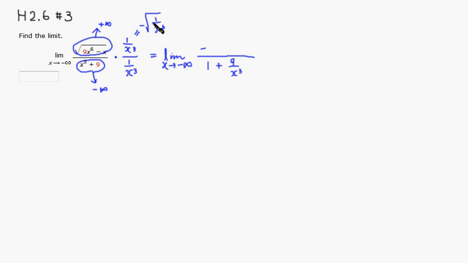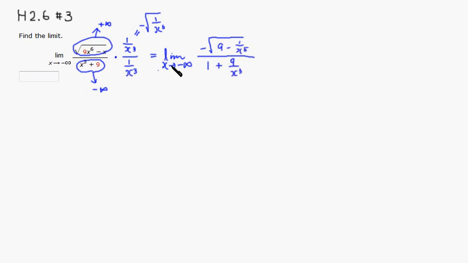Then you can put the 1 over x to the 6th inside the square root. So you have a square root, 9x to the 6th divided by x to the 6th would be just 9. Then you have a negative x divided by x to the 6th, so it's minus 1 over x to the 5th, because one of the x's canceled out.